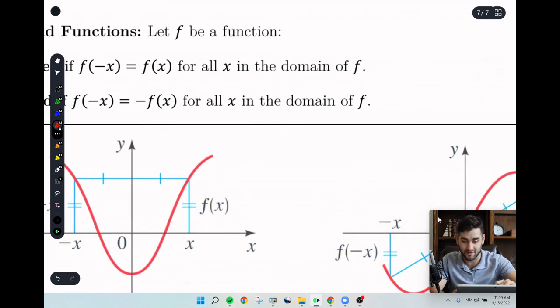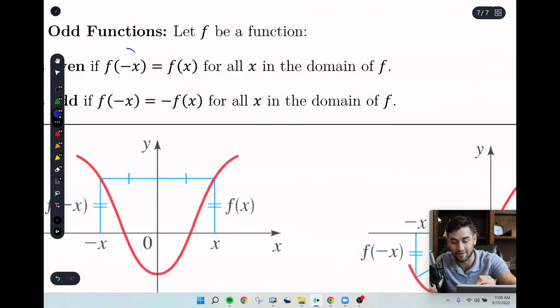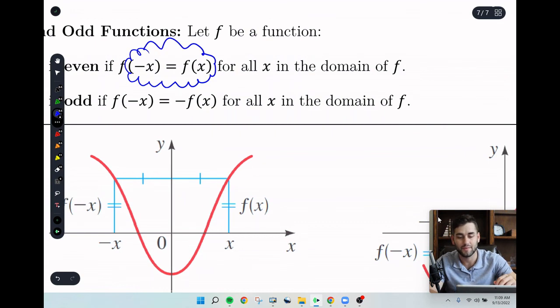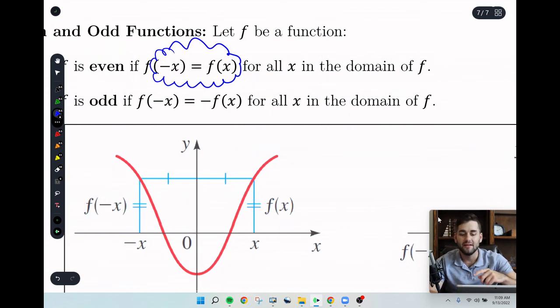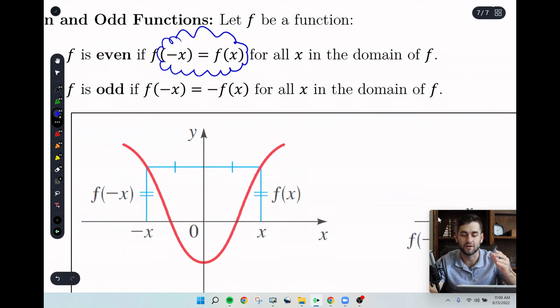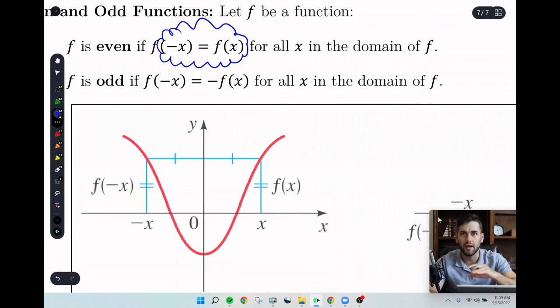The formula to check in the mathematical proof of why something's even or odd is given right here. It's even if you change all the x's for negative x's and it stays the same, an even function. It's odd if you change all the x's to negative x's and it just pulls that negative straight out and leaves it alone.